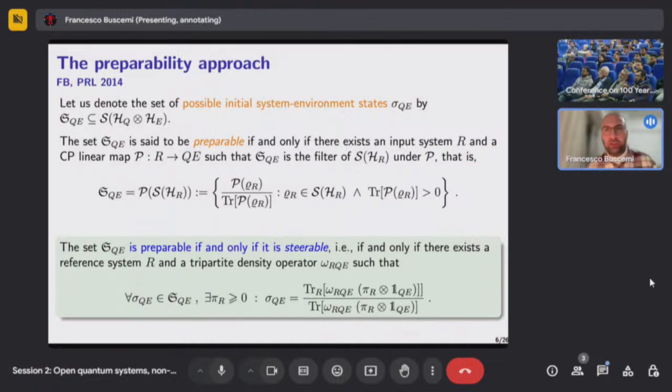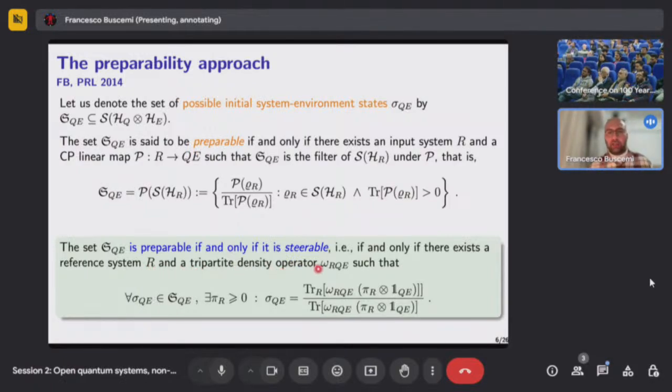Perhaps easier to understand is an equivalent formulation of preparability, which is in terms of steerability. It is possible to prove a very simple result that tells you that the set of initial conditions is preparable if and only if it is steerable. That is to say, if and only if there exists a reference system. It's not a pump system anymore, but a reference system that is sitting somewhere else in the universe.